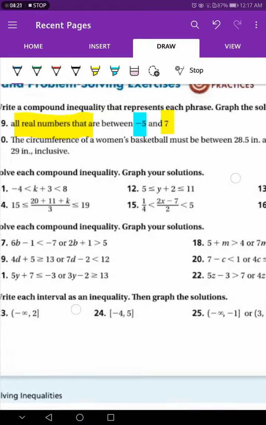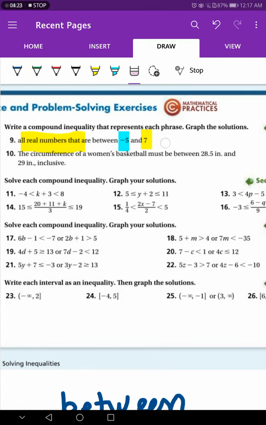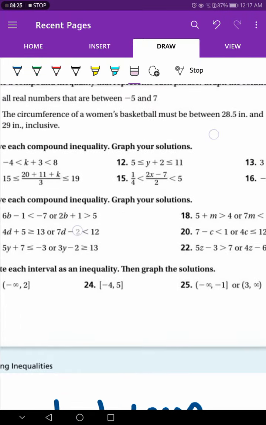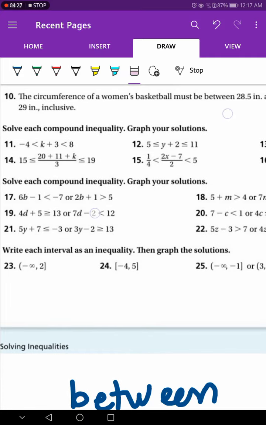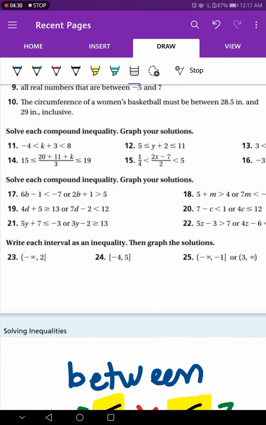Now let us move to question number 10, my dear students. Who can read it for me? I will read it for you. The circumference of the women's basketball must be between 25.5 inches and 29 inches, but here you have to pay attention to the word inclusive.